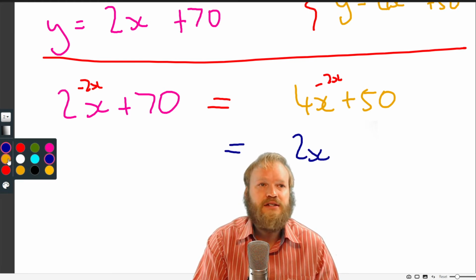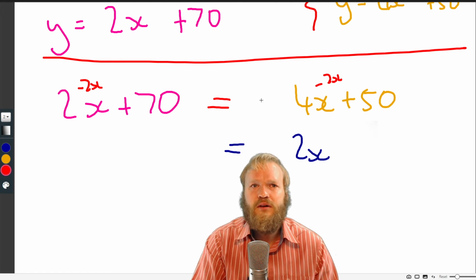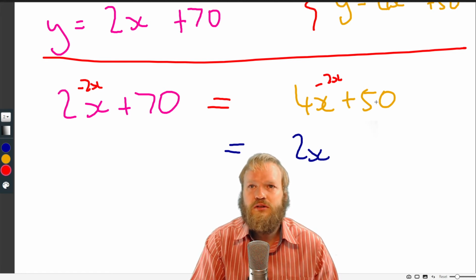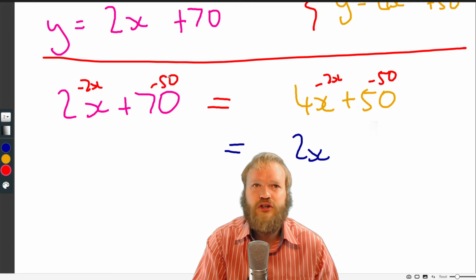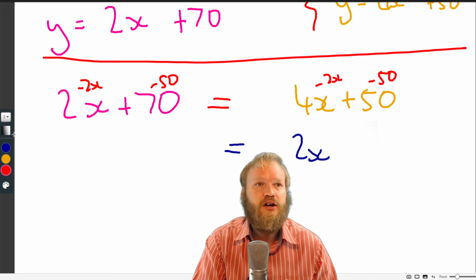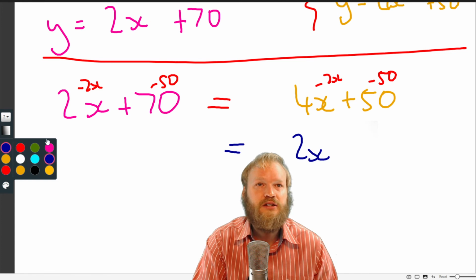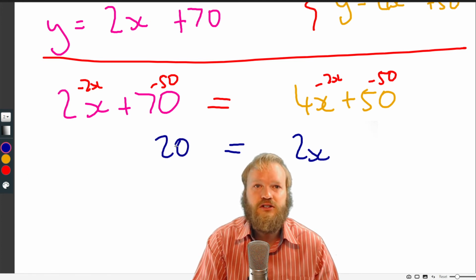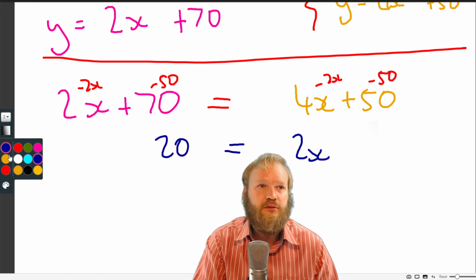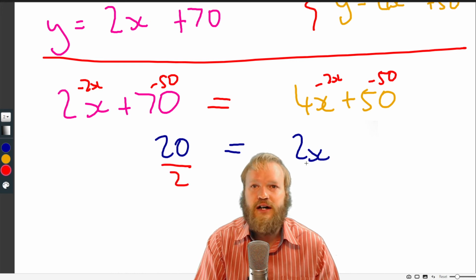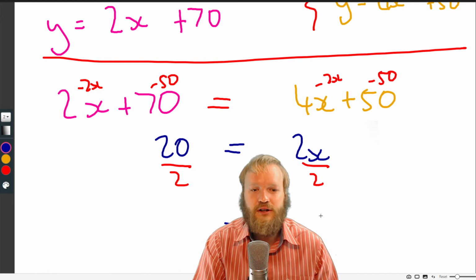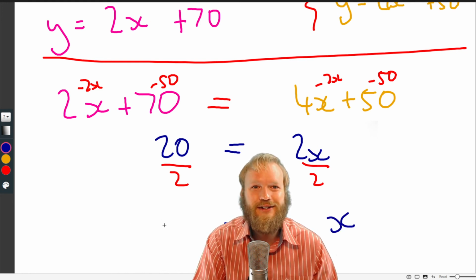And on the left-hand side, we don't want 50, we want that to be plus 0, so we subtract 50 on each side. So 70 minus 50 is 20. Then we divide each side by 2, and on this side we've just got x, and on this side we've got 10.